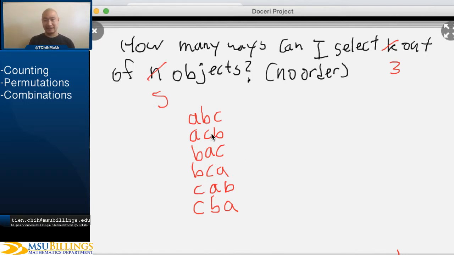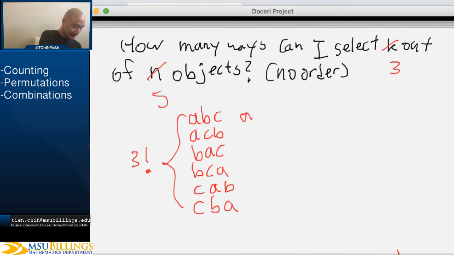There are 6 items in this column. And that is the number of ways I can arrange 3 objects. This is 3 factorial, right? And so let me pick another selection. Let's say A, B, D.